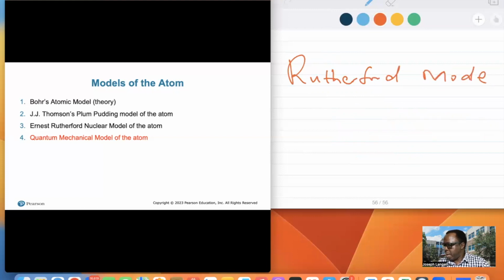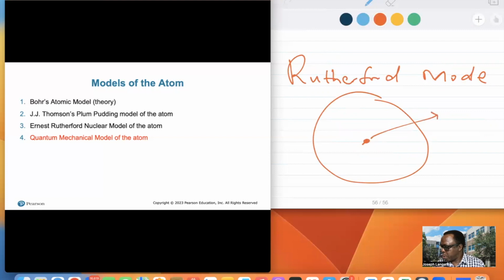When we say nucleus, he proposed that an atom is simply mostly empty space with a dense region we call the nucleus, where we have protons and neutrons. By the way, I'm using positive for protons, and outside we have the electrons. This is what Rutherford actually proposed in terms of the model of an atom.